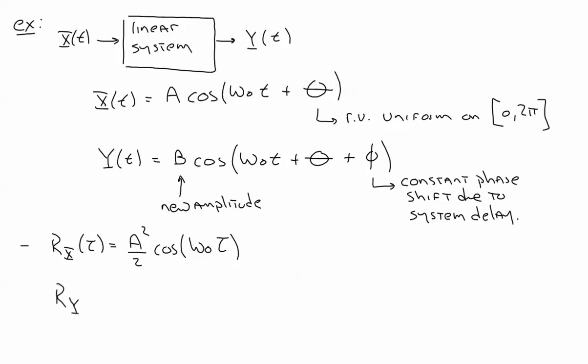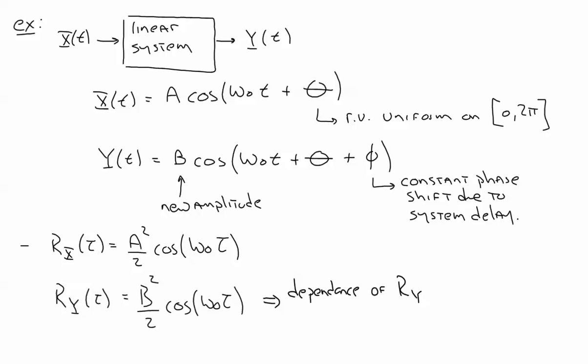Similarly, the autocorrelation for Y is the exact same form as the autocorrelation for X. The amplitude changes, but the dependence of my autocorrelation on tau, my shift, is not a function of my initial phase.